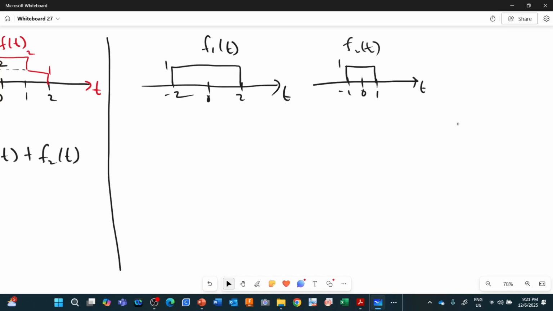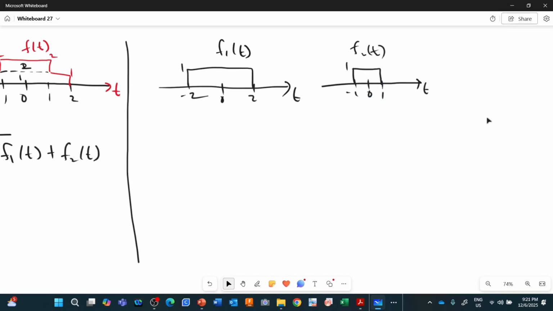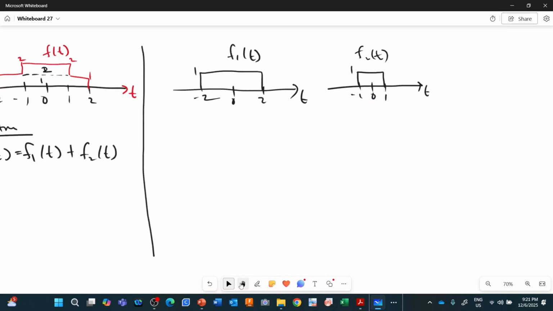Anyone do not understand why F2T is amplitude 1, not 2? Okay. So we go back to chapter 1. Based on the drawing that I put just now, F1T, 0, minus 1, minus 2, 1, amplitude 1.